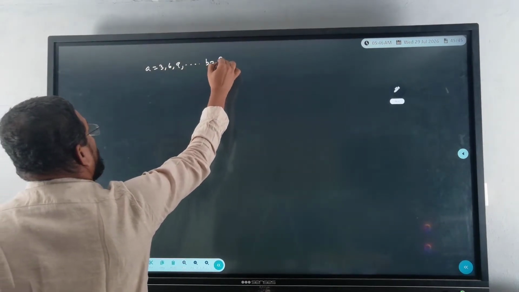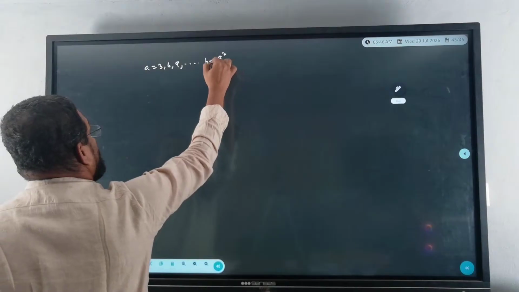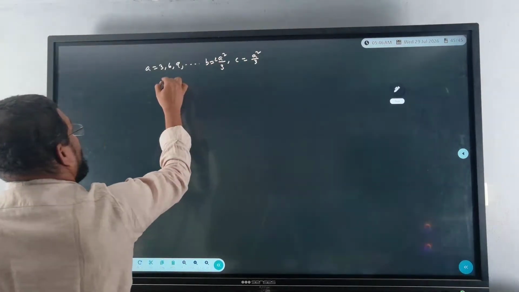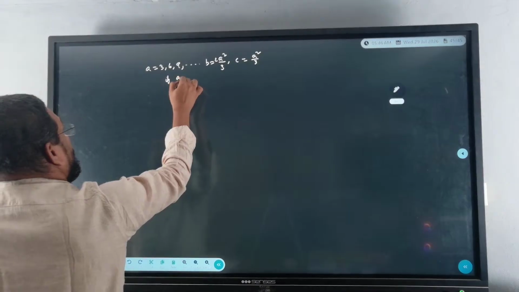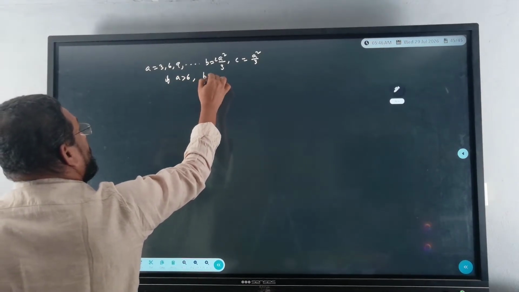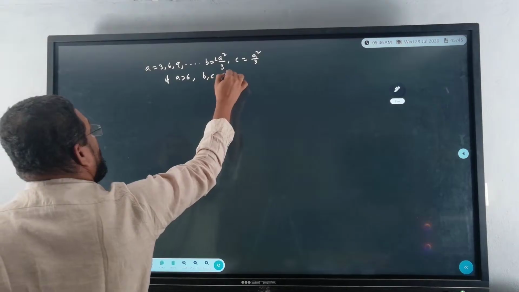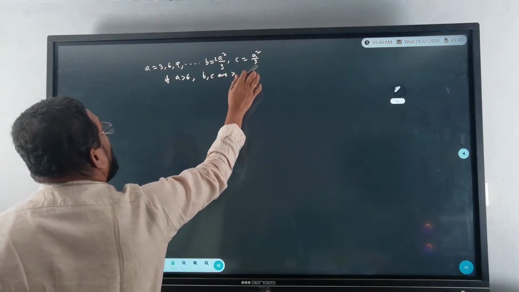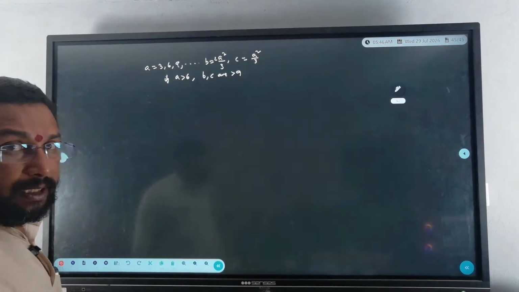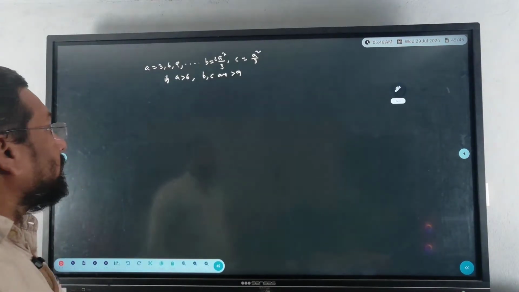B is equal to 2a square by 9, C is equal to a square by 9. If a is greater than 6, b and c are greater than 9.